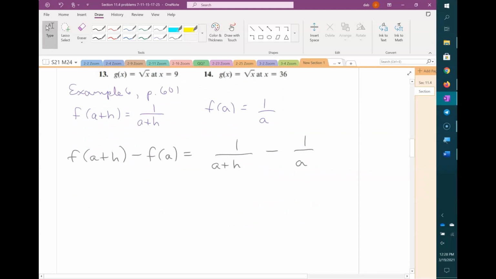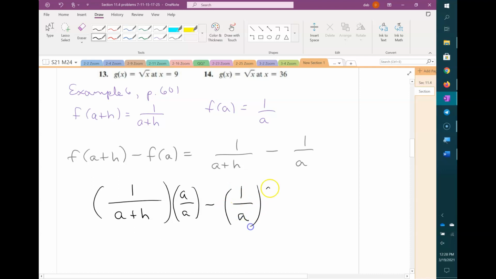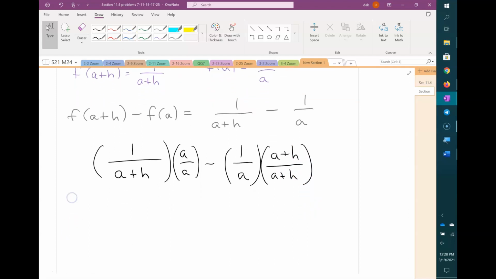And then I need to get a common denominator. So I'm going to multiply the 1 over a plus h by a over a, and the 1 over a by a plus h over a plus h. So this is just the numerator of the difference quotient that I'm working on.